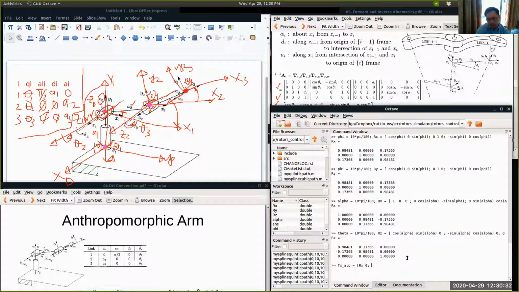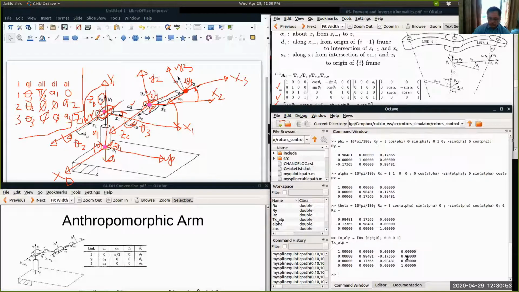No, we need to have, let me check with this one, 0, 0, 0, okay. And then at the bottom, you have 0, 0, 0, and 1. Okay, let's check. Yeah. So your Rx need to be computed.